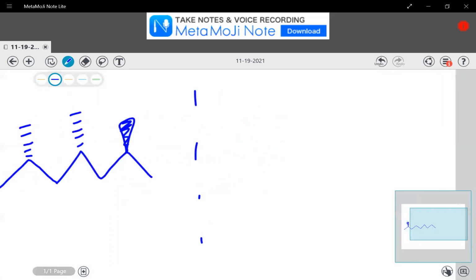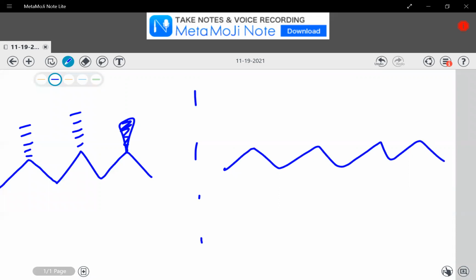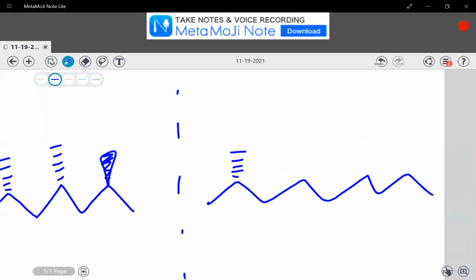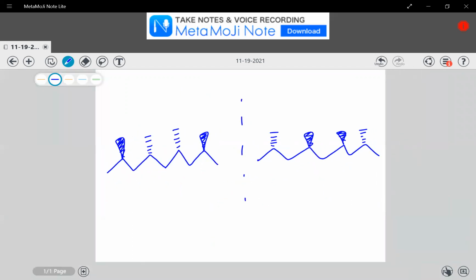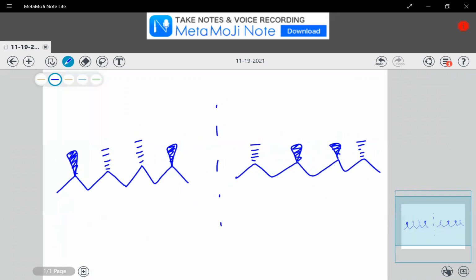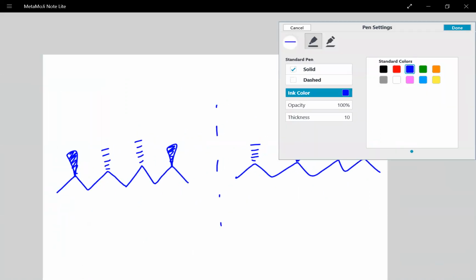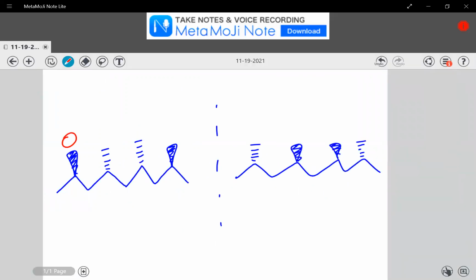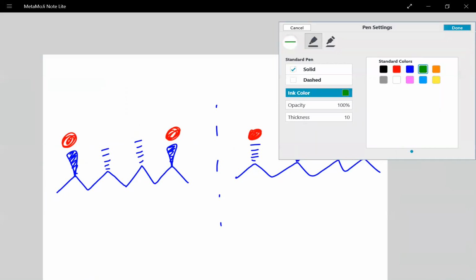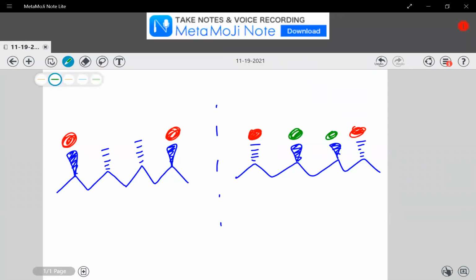I'm going to make the other one. All right, so what do we have here? Well, let's look at them. In fact, let's draw some colors to make this one easier on us.